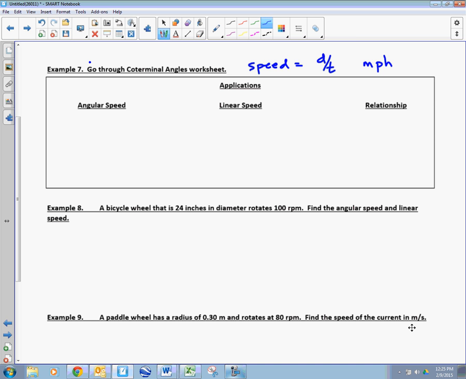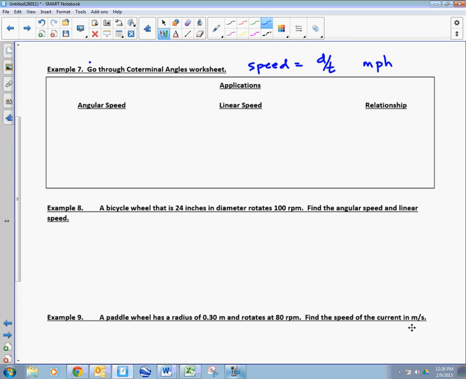For example, a clock. If I look at the minute hand, how many degrees does the minute hand turn in 1 hour? 360 degrees in 1 hour, right? So that would be angular speed, okay? It travels that many degrees. We're not talking about distance, we're talking about number of degrees.